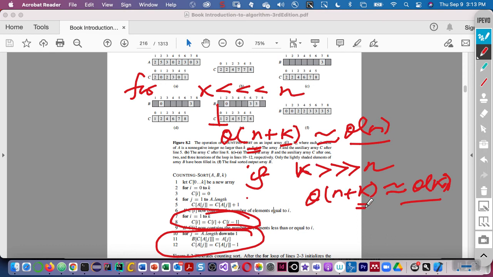But in our algorithm, we are comparing with the input size, the array size. Array size is n, and K is the largest element. That will be the size of the C array, based on the largest element.